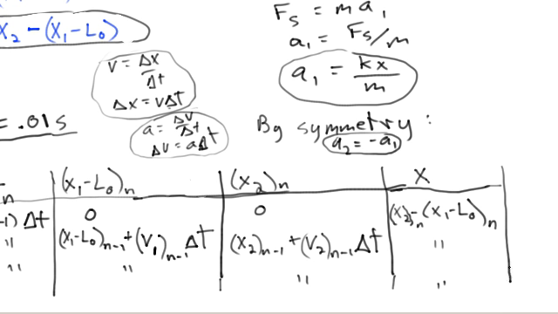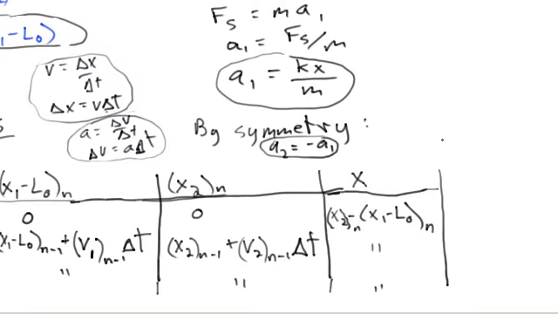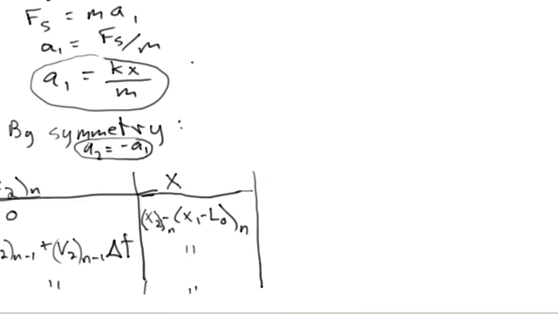Okay, based on the stretch of the spring, I should be able to get the acceleration. So I'll calculate both A1 and A2. I got the expressions right there for them. A1 is just k times x, the nth value of whatever x is, so the row that I'm working on, all divided by m.